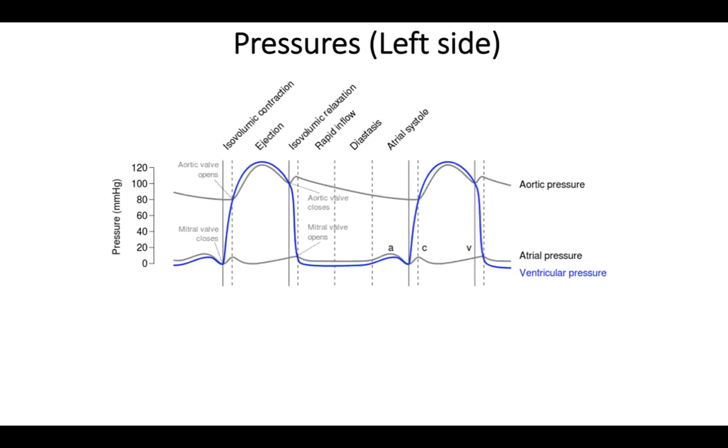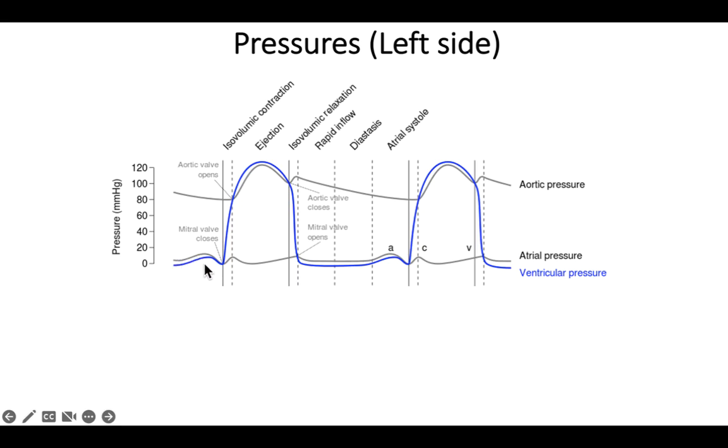There's also graphs that might help. All right, so this graph is just showing us pressure. We can start right here, and we can just look at pressures. Okay, so if we start right here, we're in atrial systole.